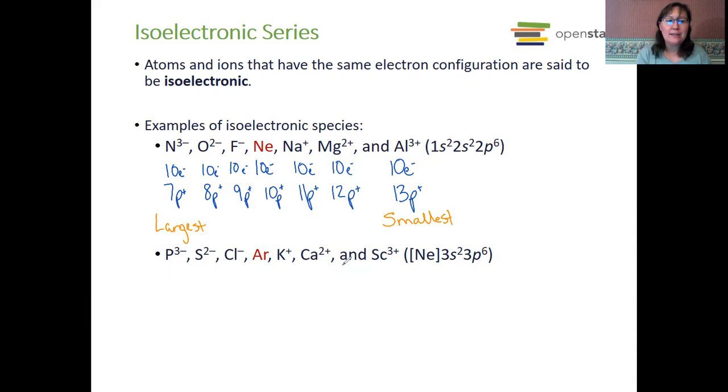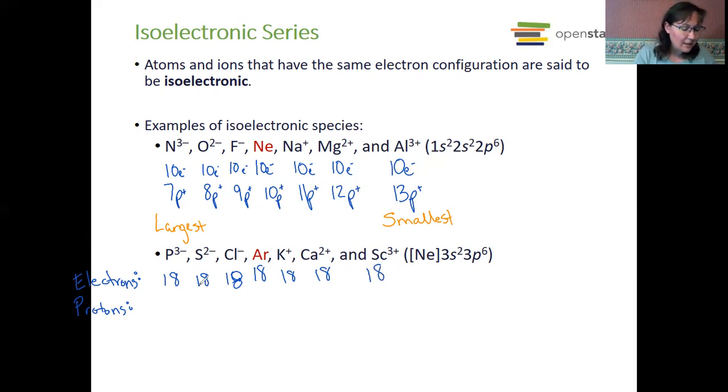All right, now let's take a look at this one. Argon. All right, you know what I'm going to do? I'm going to make this more like a chart. Electrons and protons like this. All right, now let's take a look at this one. Argon is number 18, so it has 18 electrons, and they all have 18 electrons. Look at that. 18, 18, 18, 18, 18, and 18. Hurrah. Okay. But now let's take a look.